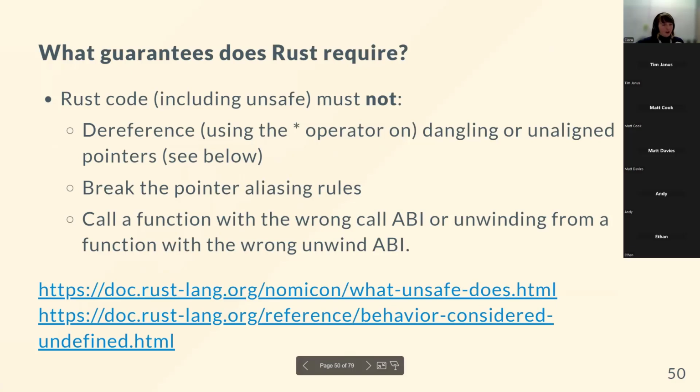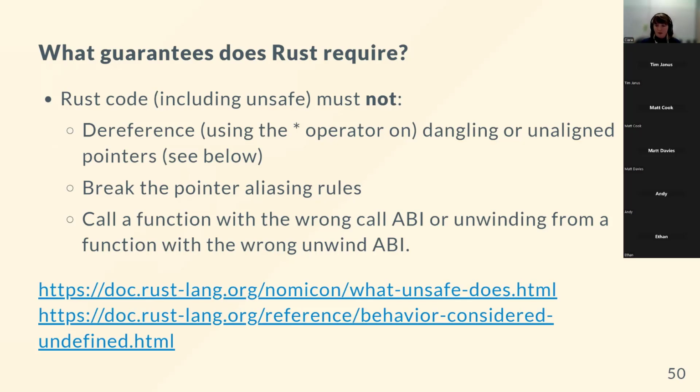In the Nomicon and also in the Rust reference, you can see what guarantees Rust really requires that you uphold in your code, whether it be safe or unsafe. But the only place where you as a developer have to uphold them is in unsafe code. So Rust code must not dereference dangling or unaligned pointers. It can't break the pointer aliasing rules.